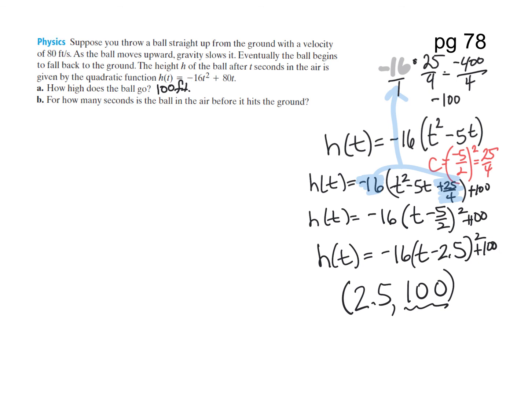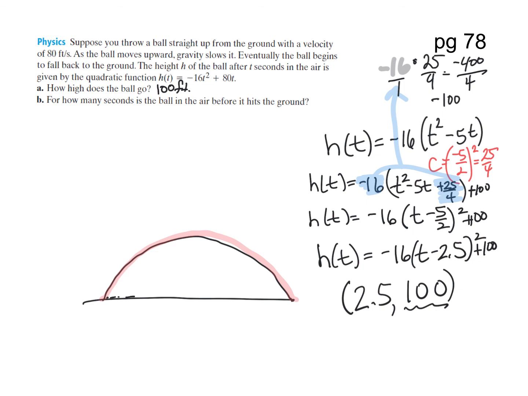So straight up from the ground, how long is the ball in the air? So the ball's in the air from here all the way to here. Is the answer 2.5?